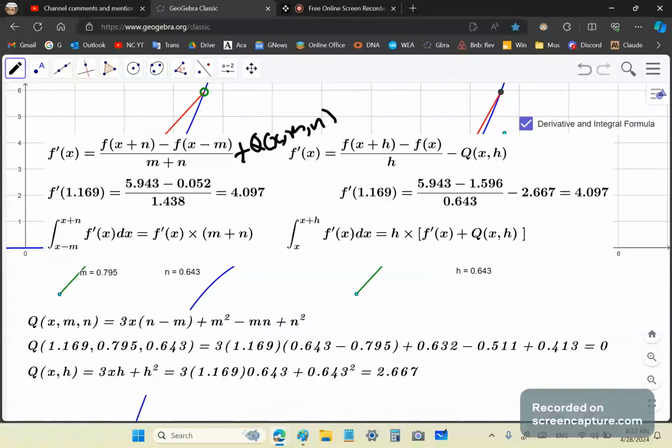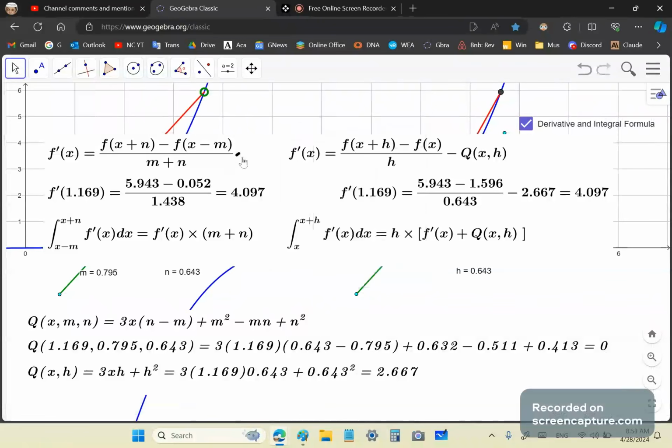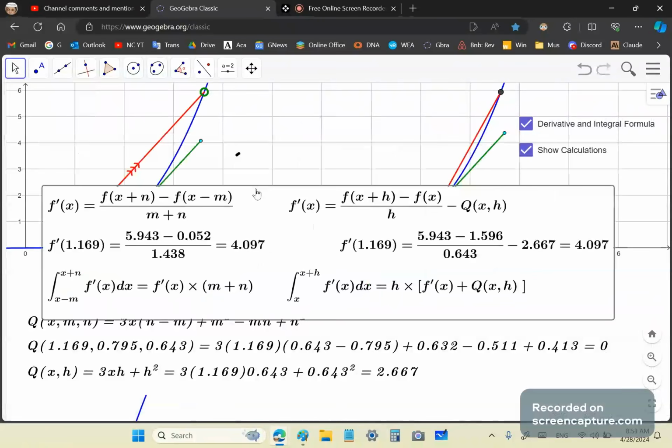Okay, I don't have to because why? It's always zero. See, it's always zero. I mean, it's okay if I write it in, but then I know it's always zero. All right. So let's see if we can just delete that. Bye bye. Okay, and that. Well, I'd have to move this out of the way to delete that.